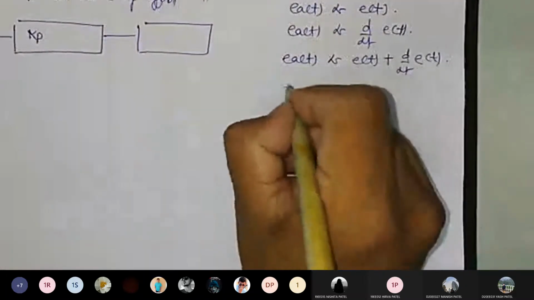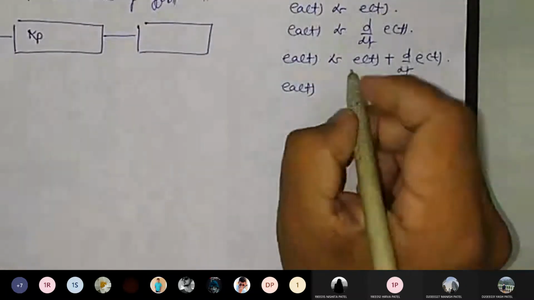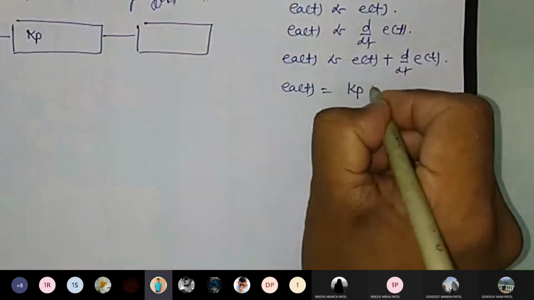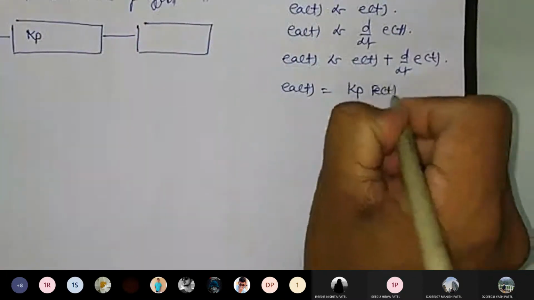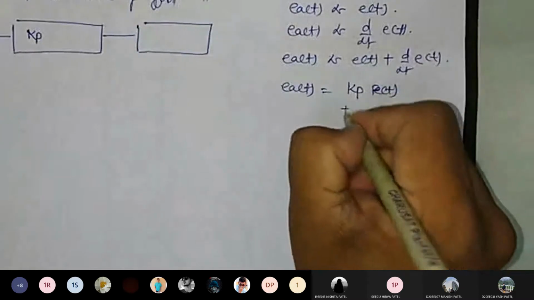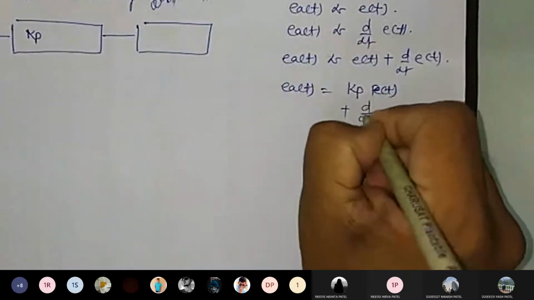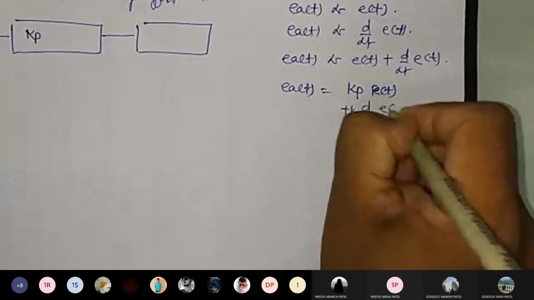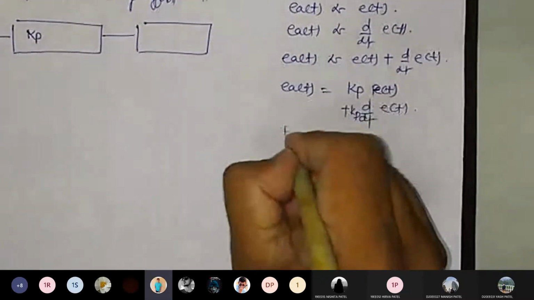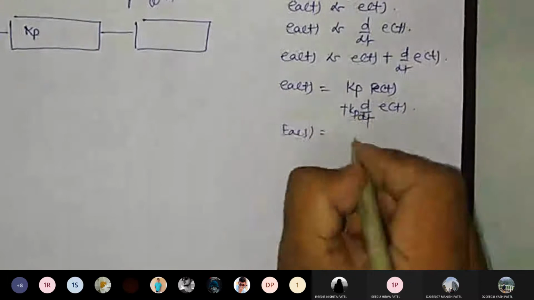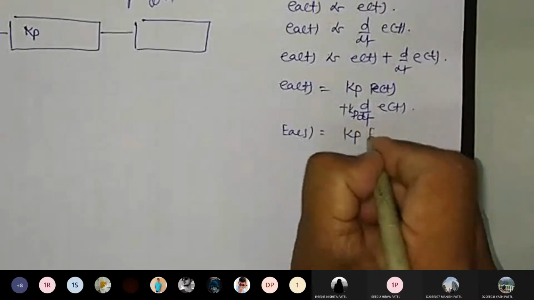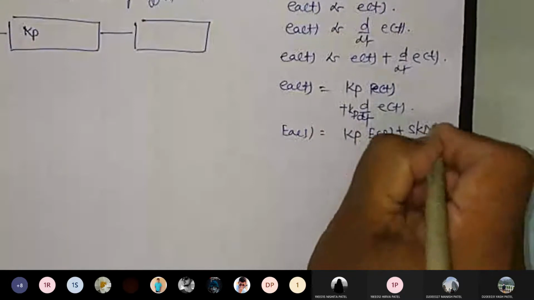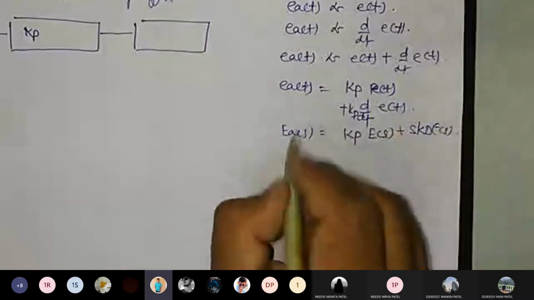Now removing the proportionality constant, it will be Kp of E of t plus Kd d by dt of E of t. So Ea of s is equal to Kp into E of s plus s Kd E of s.